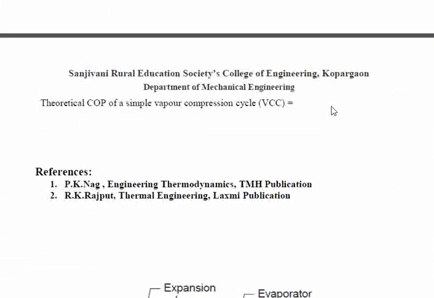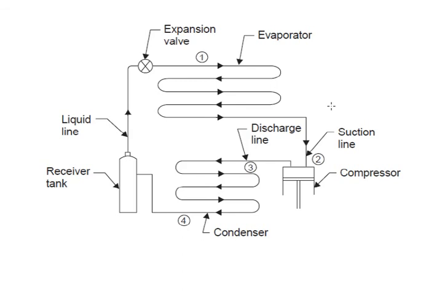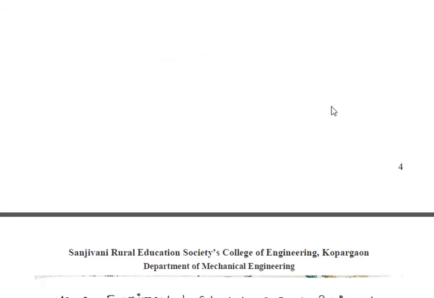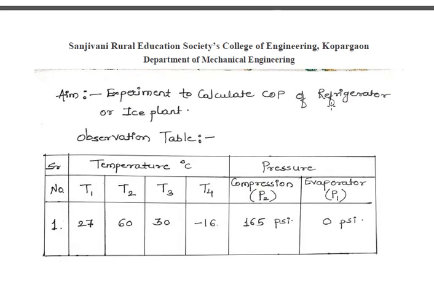So, here you can see the observation table. These are the temperatures we have got. T1 is 27, T2 is 60, T3 is 30.